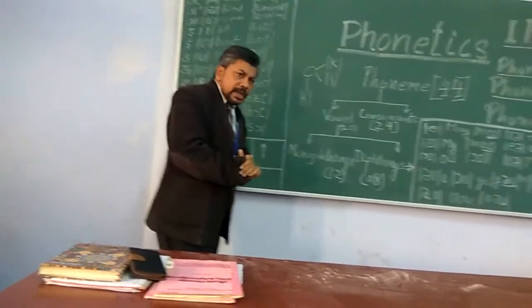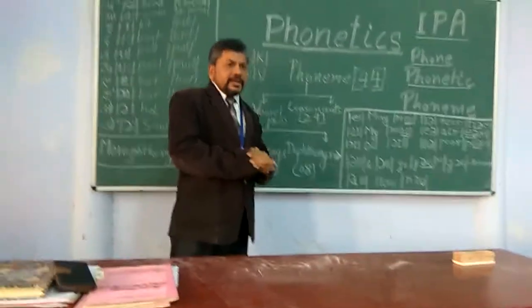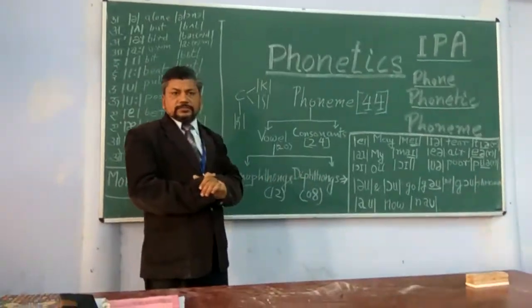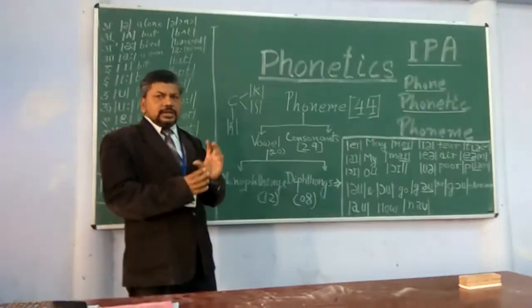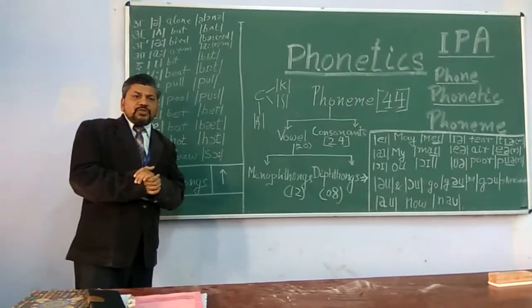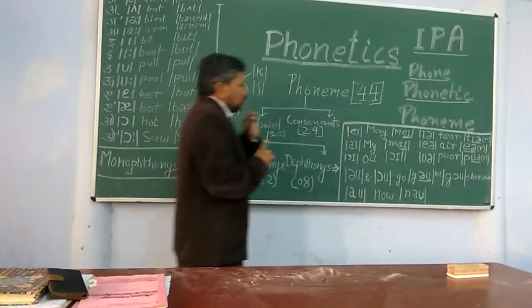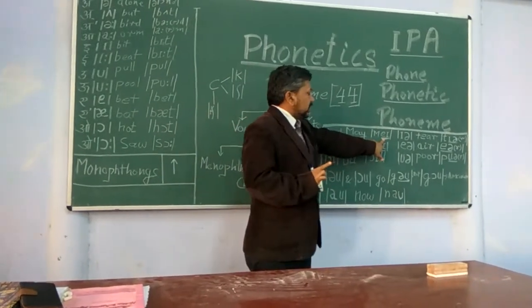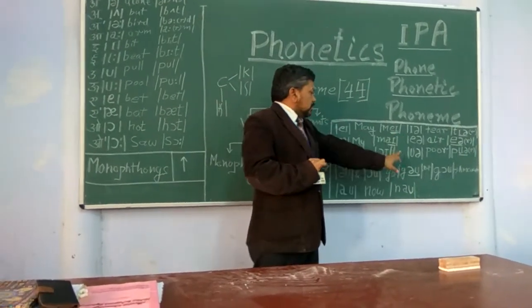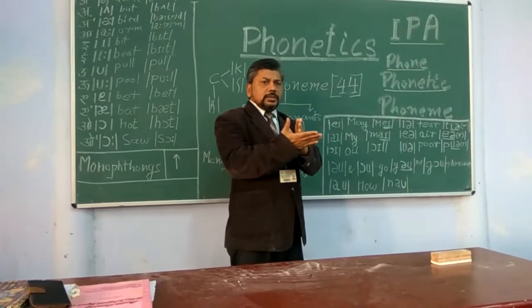According to IPA, we notice that there are 8 diphthongs. What are diphthongs? Diphthongs are indivisible vowel glides. They are considered as units and are not separable.